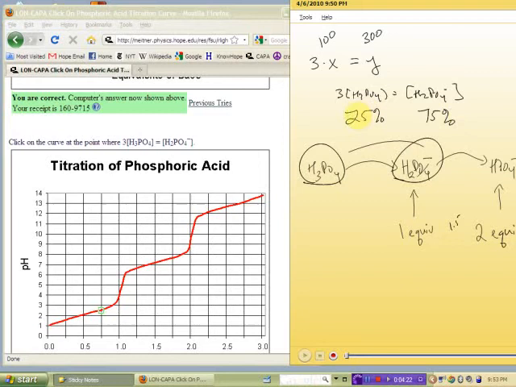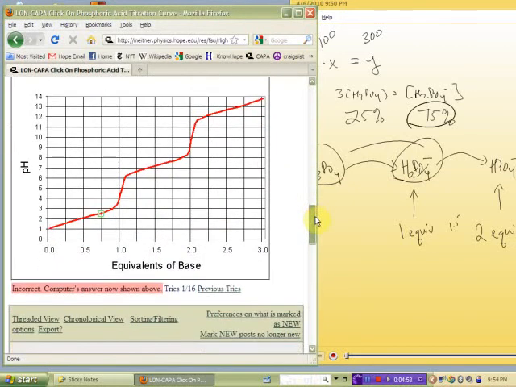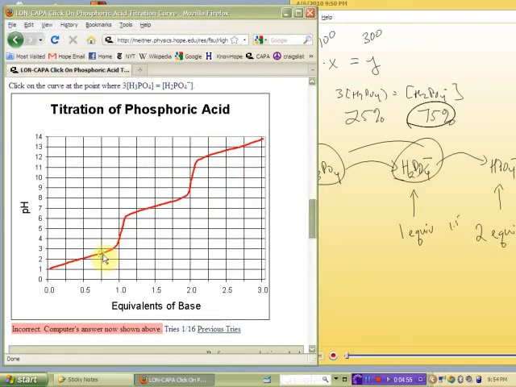Okay, it's not 1/3, 2/3, it's 1/4, 3/4. Because 3 times 1/4 is 3/4. So I need to be on the curve where I'm 25% H3PO4. So I don't know why it's telling me that that would be the wrong answer, because that would in fact be the right answer. I'd have to be beyond halfway. I'm not 50-50 anymore. I'm 3/4 of the way toward the H2PO4 minus. Oh, that's showing me the correct answer. That's what it has to be.